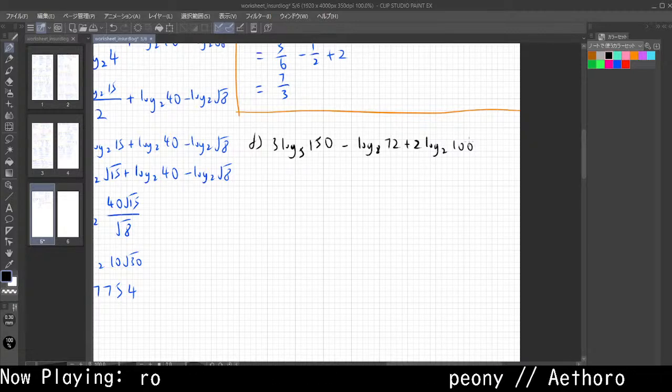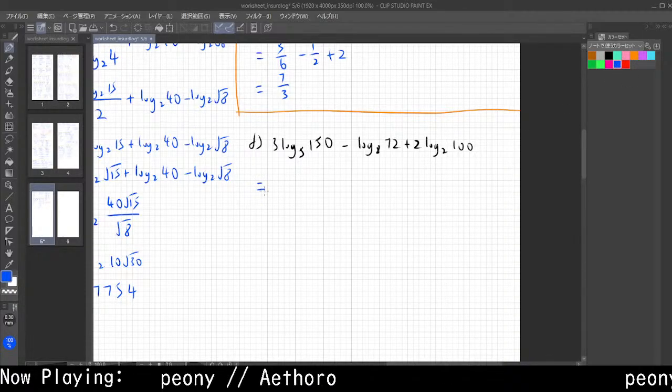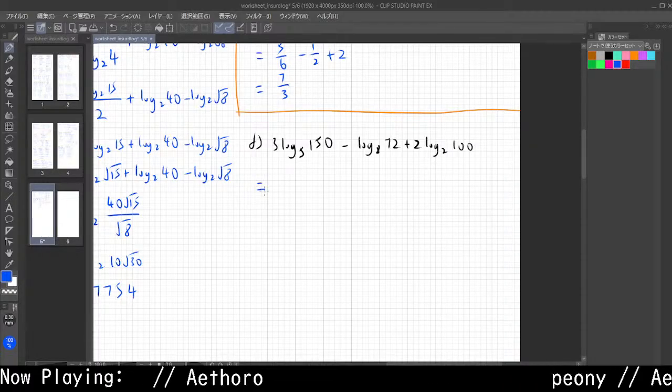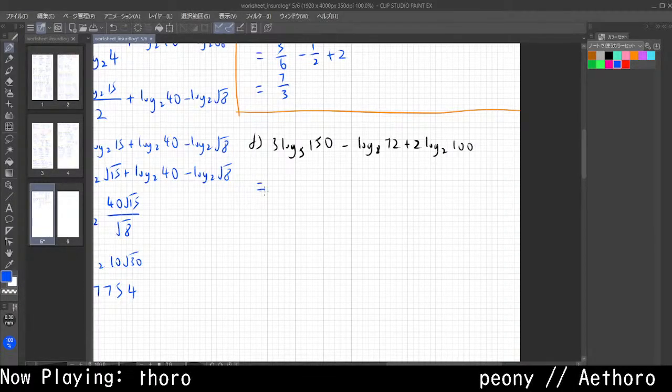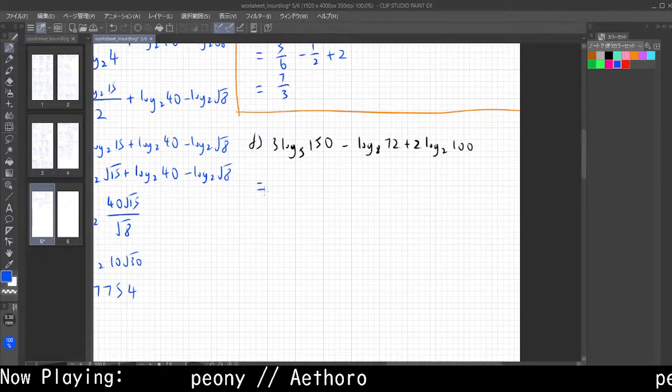Or we can also do base 10, but it will be quite tedious actually. So we do base 2. We try to do base 2.